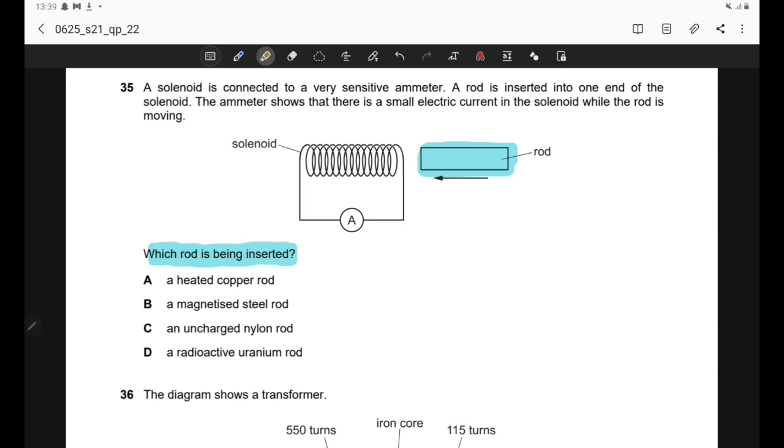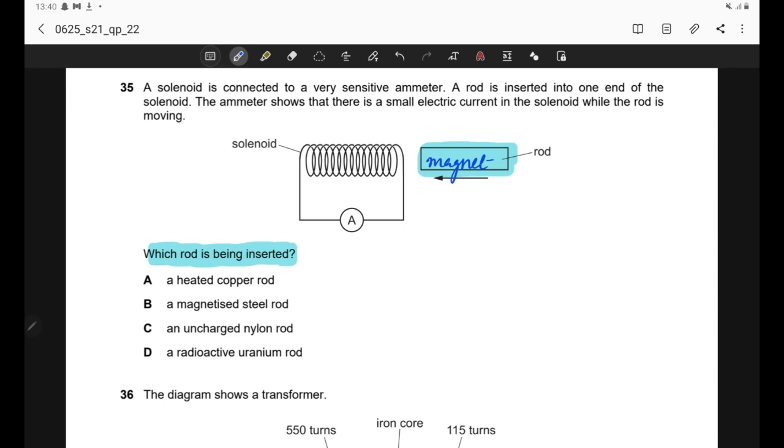For electromagnetic induction, there should be a change in the number of magnetic field lines linked with the coil. That's why when the rod is moving, the number of magnetic field lines linked with the coil is changing and a current is generated. In order to have a change in the magnetic field lines linked with the coil, this rod should be a magnet.